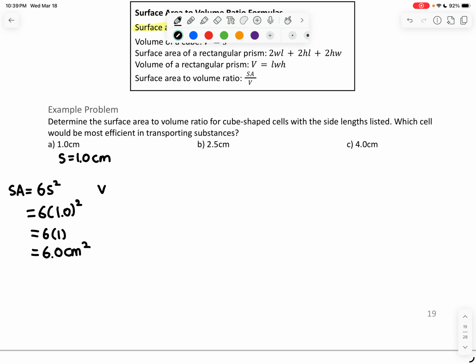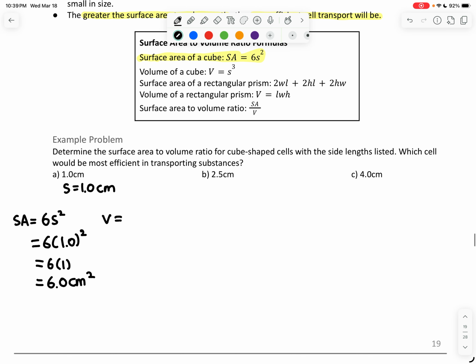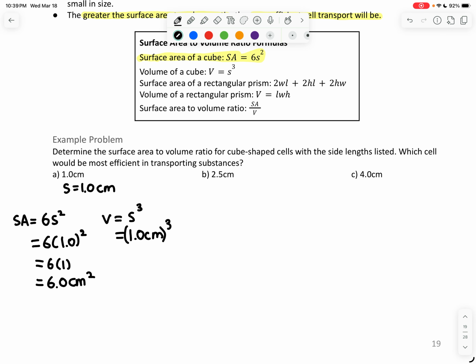And volume. Okay. So the formula they give you for volume is S cubed, right? So you just do this and plug in 1.0 centimeter cubed, and you will get that 1 times 1 times 1 is 1. So you just write 1.0 centimeters cubed, okay? That's all you do.